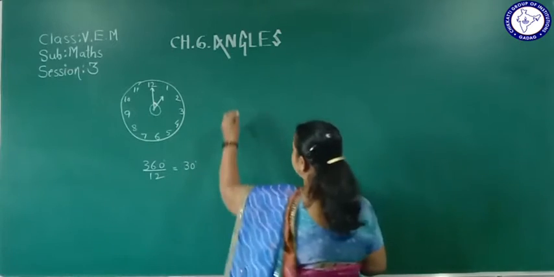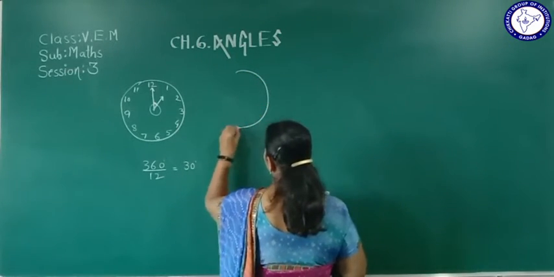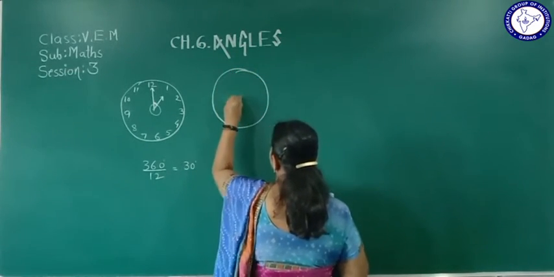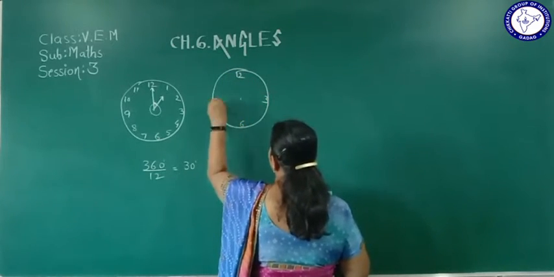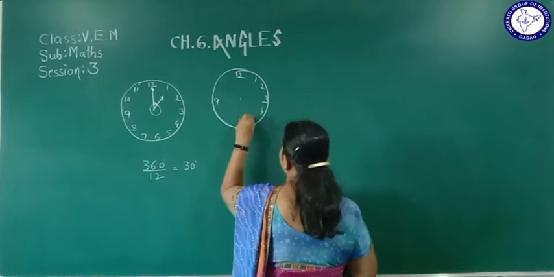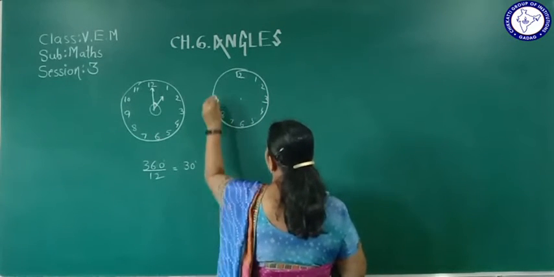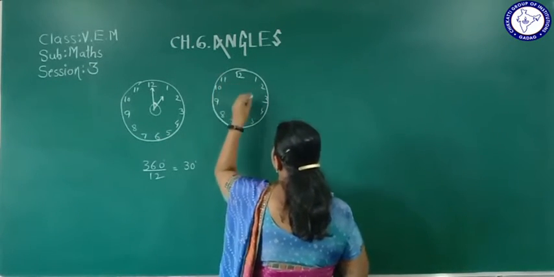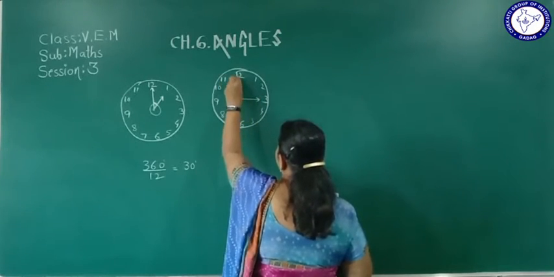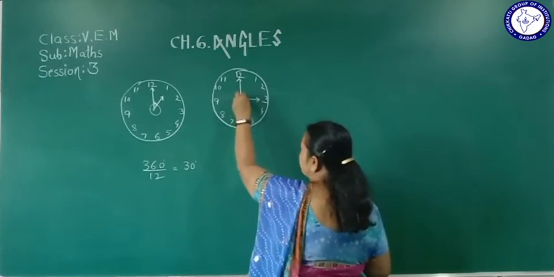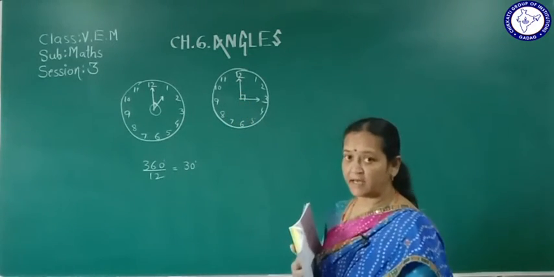Now suppose it is 3 o'clock. If it is 3 o'clock, then check here, this is a right angle, here it is 90 degrees.